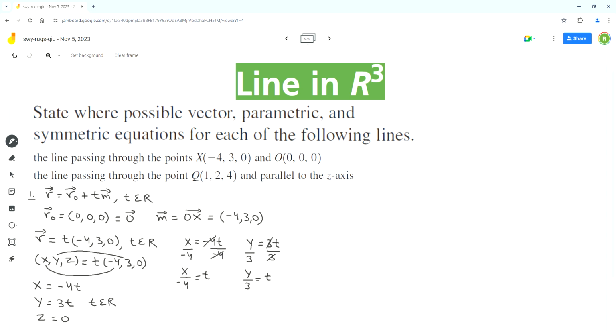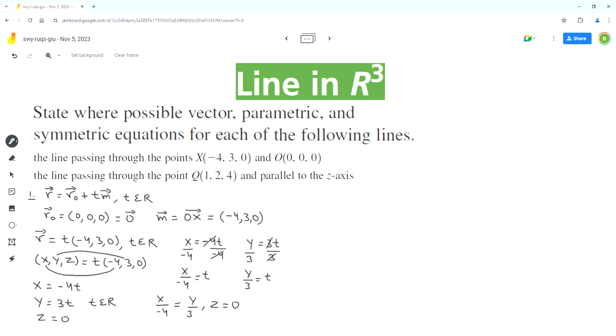So I get t equals y over 3. The z equation has no t term. That means we cannot write the z part of the equation in symmetric form. We'll keep it in the parametric form. So our equation in symmetric form is, so this should be the symmetric equation for the first line.